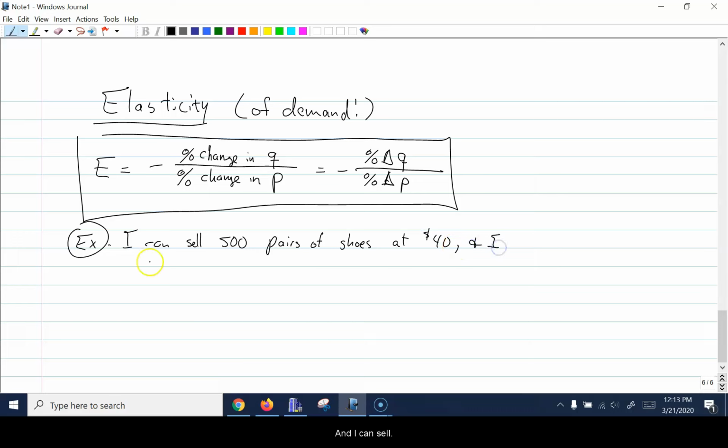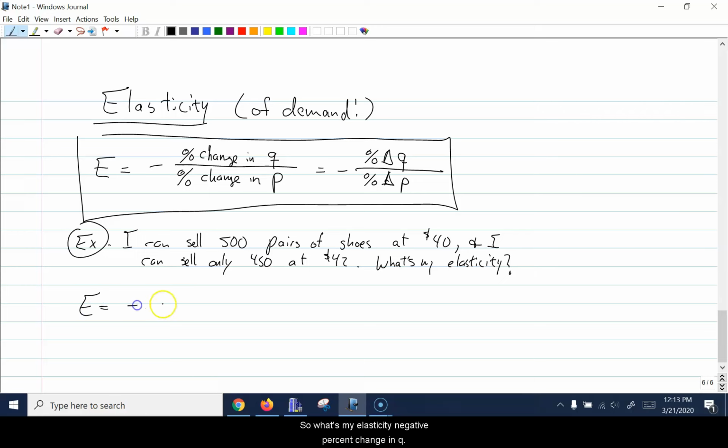And I can sell only 450 at $42. What's my elasticity? So, what's my elasticity? It's negative percent change in Q over the percent change in P.